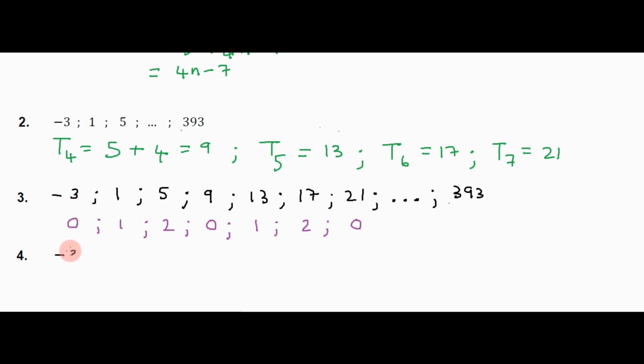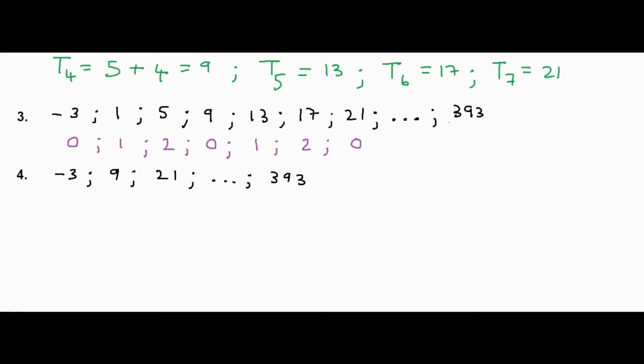So it's negative 3, 9, then it's 21, etc. And then also 393, the last term, is divisible by 3. So we have a new arithmetic sequence of terms divisible by 3. And we must find the sum of the sequence.